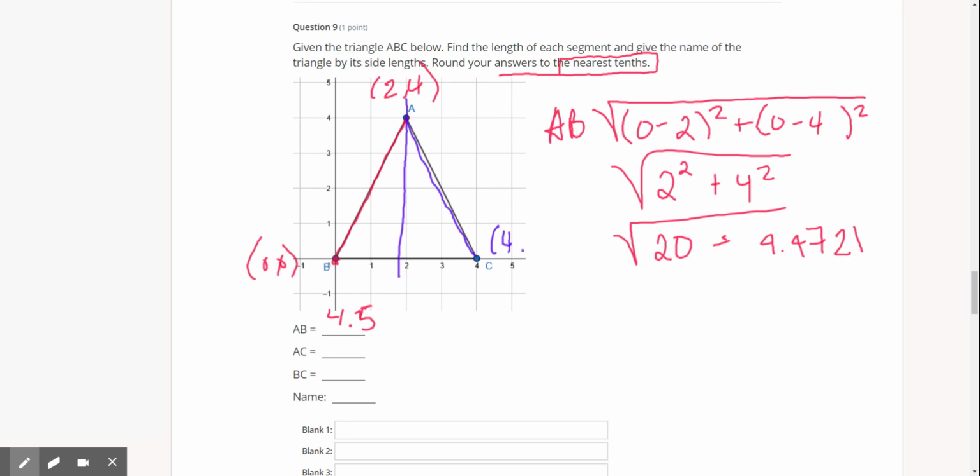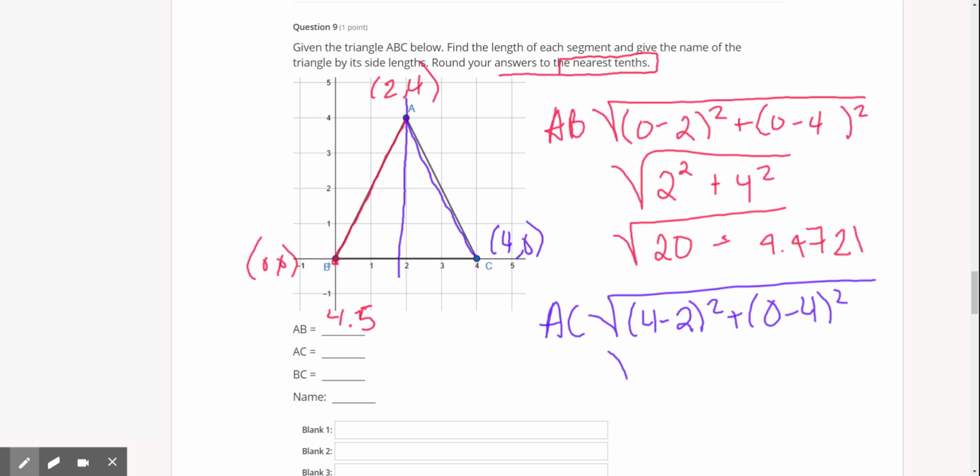So AC is going to be x minus x: 4 minus 2 squared, and y minus y, I started with a 4, so I'm going to start with a 0: 0 minus 4 squared. And I get 2 squared and 4 squared again, which is the square root of 20. So is that still 4.5?